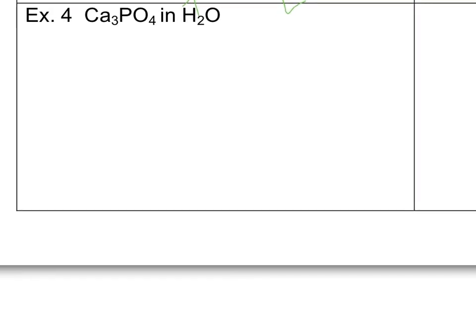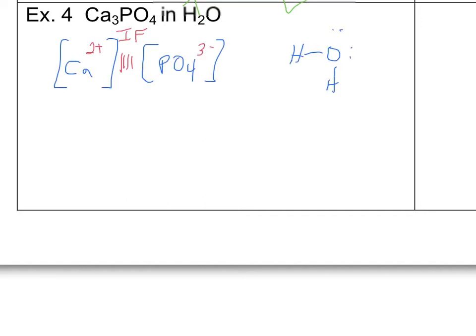In the last example, you might think the same thing happens. Here we have an ionic compound, calcium phosphate, and we're trying to dissolve it in water. We can represent the calcium phosphate using this simplified structure. A calcium 2+ ion and a phosphate 3- attracted together using ionic forces.